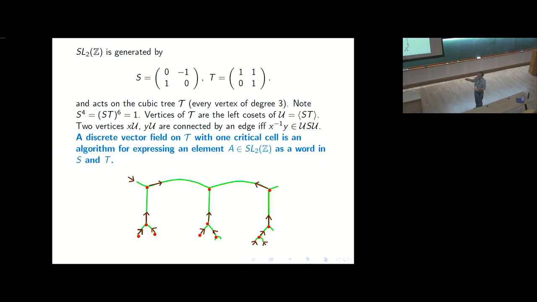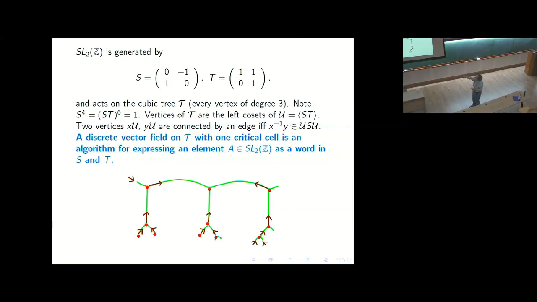And you can do that. Because this is one-dimensional, the notion of a discrete vector field is just this is an amalgamated product. But I'm just using the fact that this is a CW space of any dimension. In this case, it's dimension 1, so you get an amalgamated product.